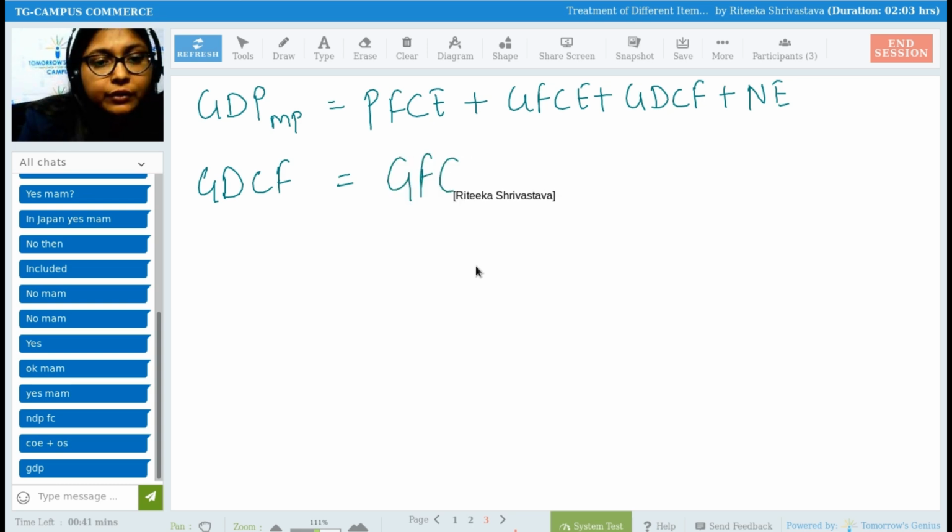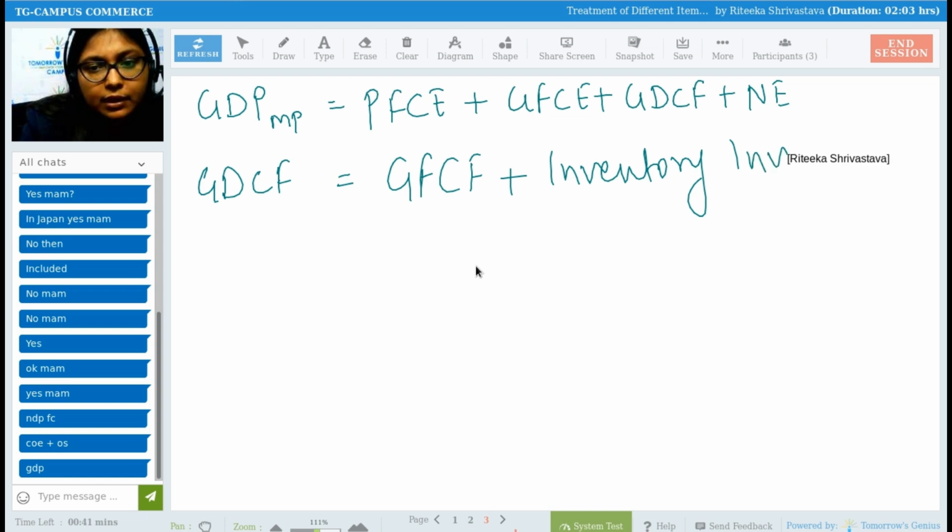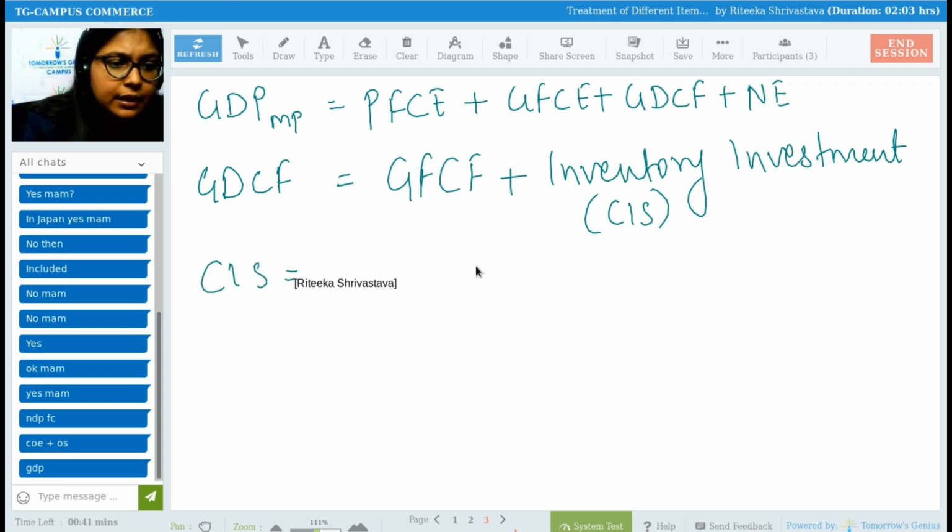Gross fixed capital formation plus inventory investment. Inventory investment is nothing but your CIS, and the formula for CIS is closing stock minus opening stock.